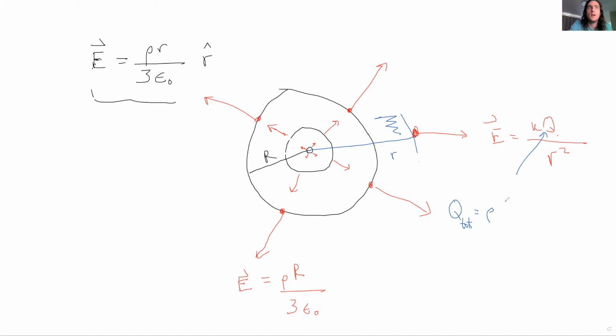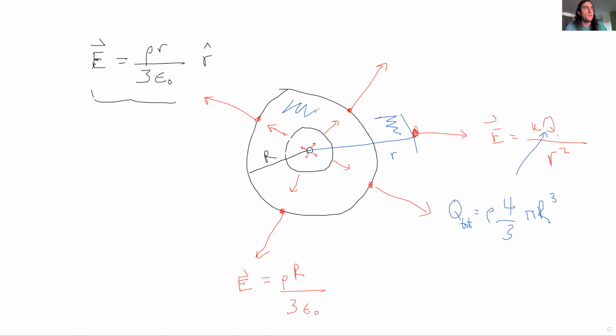The total charge of the sphere is equal to rho times the volume of the sphere. Well, the volume of the sphere is 4/3 pi big R cubed. Big R cubed, not little r cubed. That would be the volume of this sphere here. We don't want that volume.